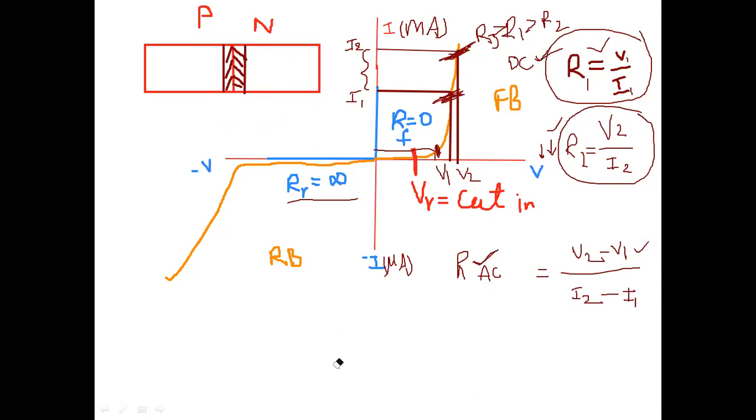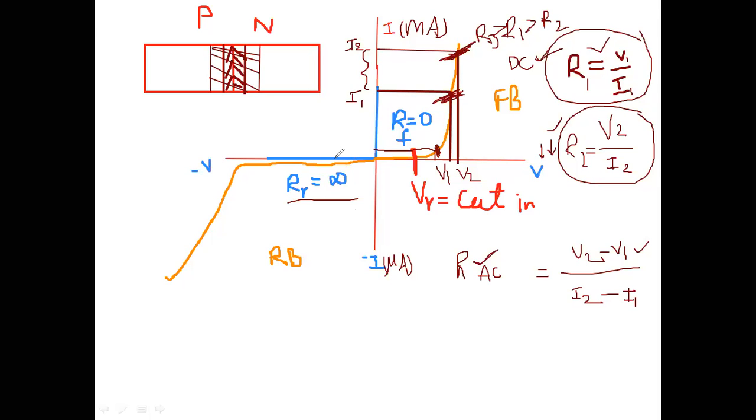Junction width increases a lot. If junction width increases, the resistance at this point will increase a lot. Means in reverse bias condition, the diode offers high resistance, not infinite, but a high value of resistance.